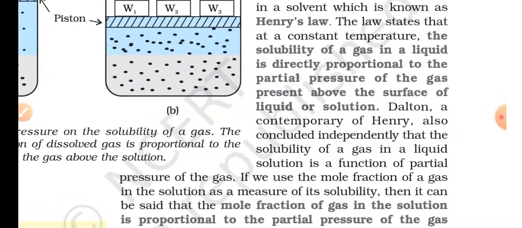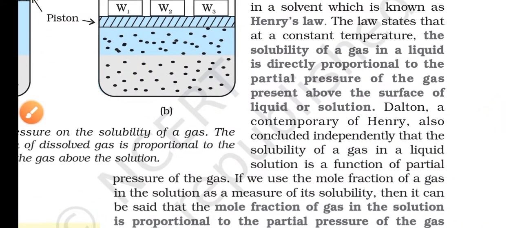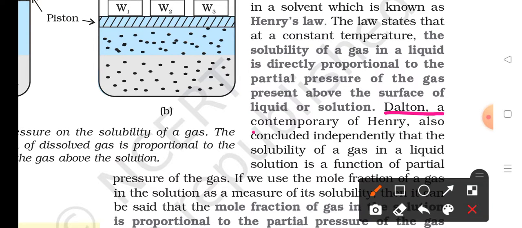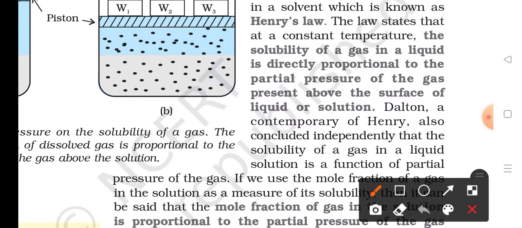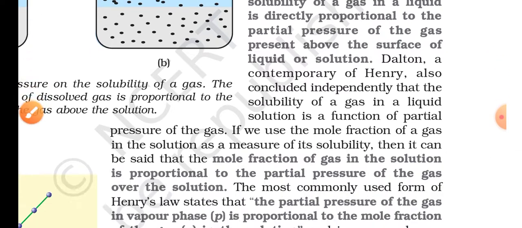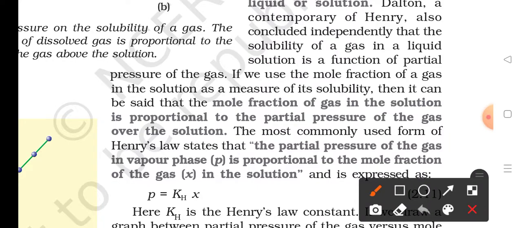And Dalton, a contemporary of Henry, also concluded independently that the solubility of a gas in a liquid solution is a function of the partial pressure of the gas. Dalton is also a scientist.